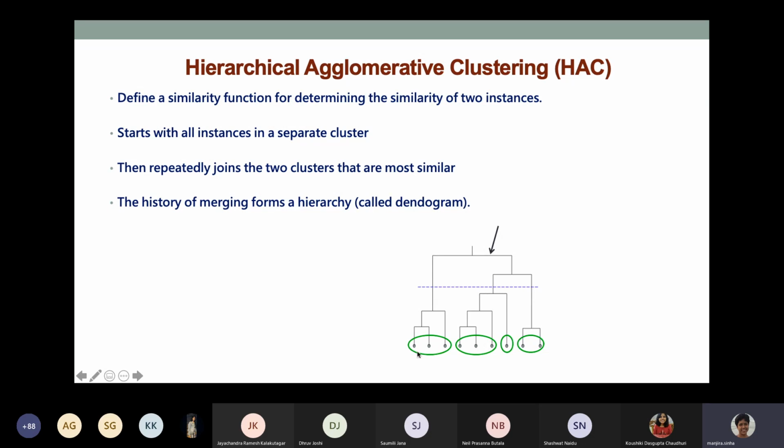So what did we do? We took these two closest, similar nodes and grouped them in a cluster, and then this cluster and this node are also similar, so we group them into a second cluster.